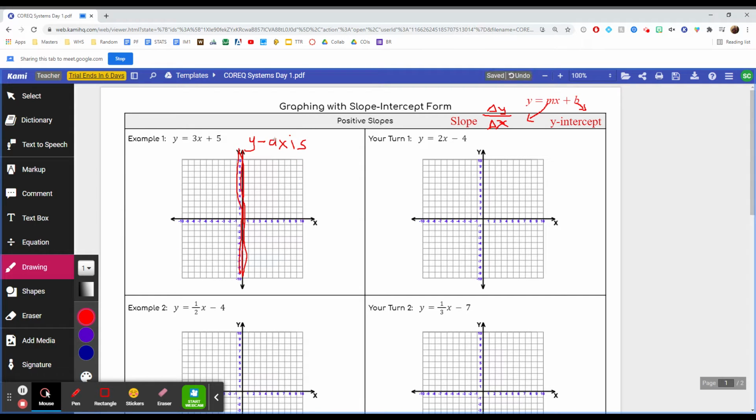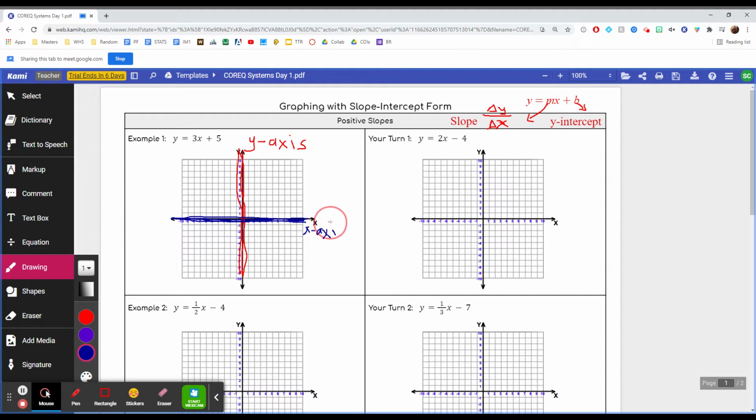So if I say the y-intercept is 5, then I have to look at where the 5 is and make a point there, because that's where the line is going to pass. Then we also have the x-axis, which is the horizontal line, the line that seems to be laying down. So this is our x-axis.